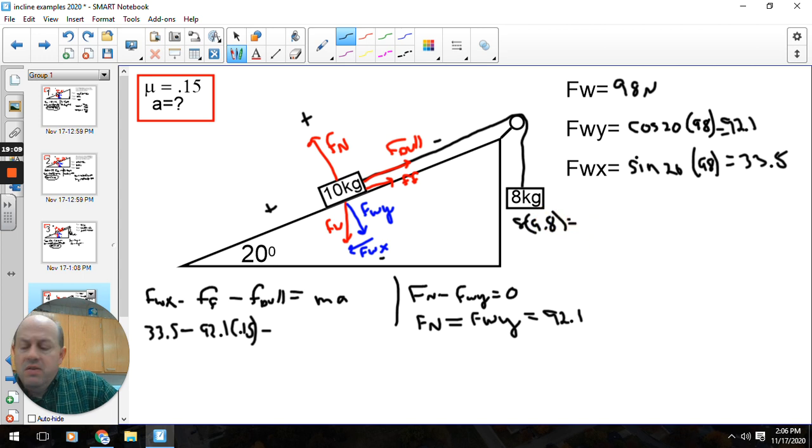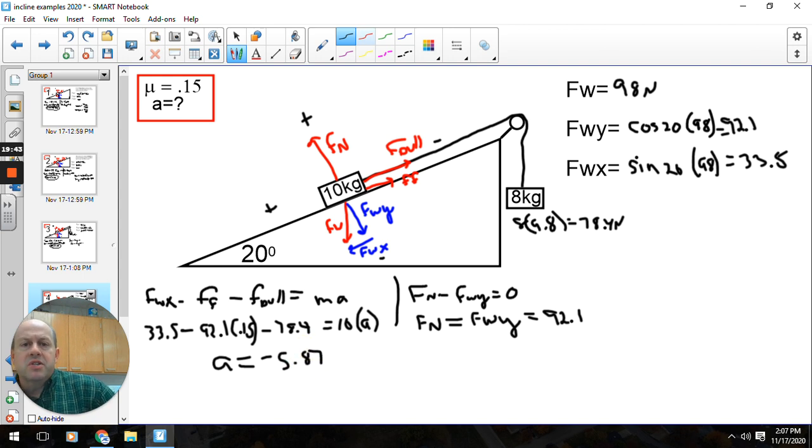And that's going to give us 78.4 newtons there. Okay, so minus 78.4 equals MA. So M is 10, because that's the one on the incline, and A. So solve for A, plug and chug, and we get negative 5.87.